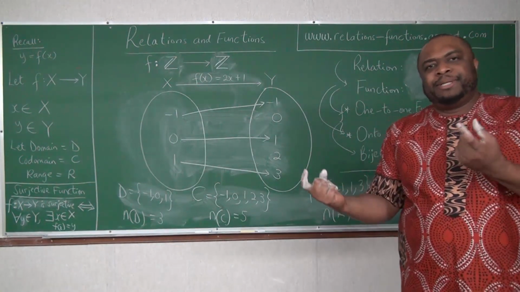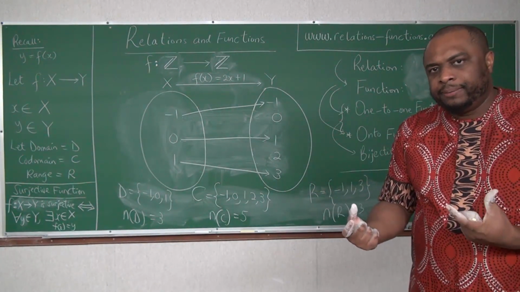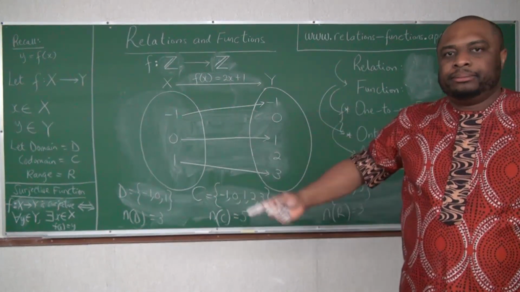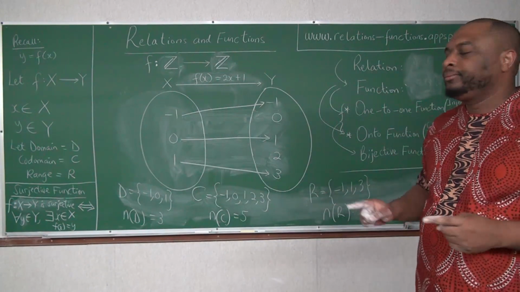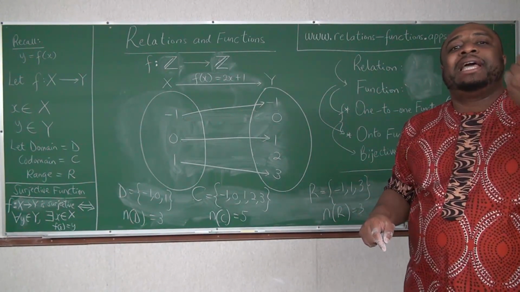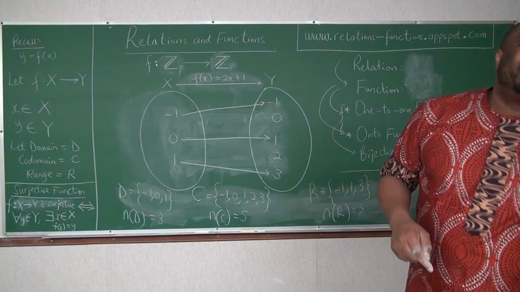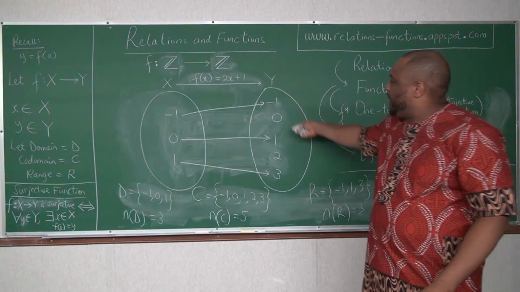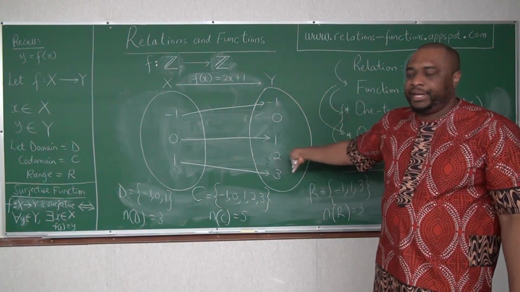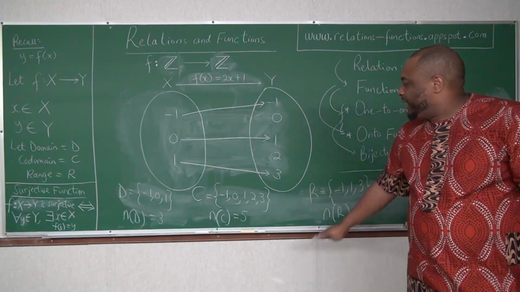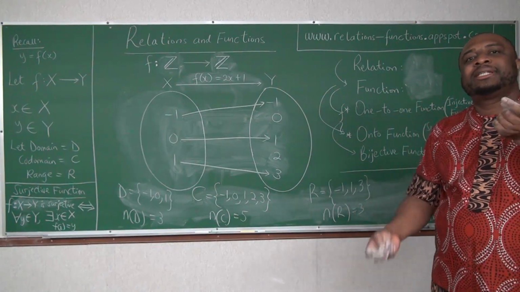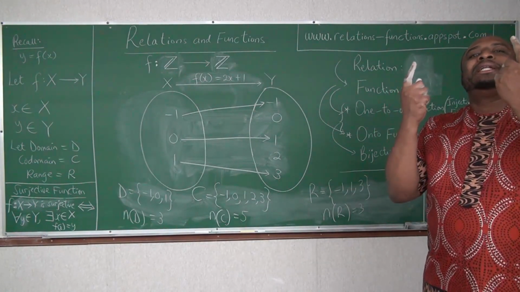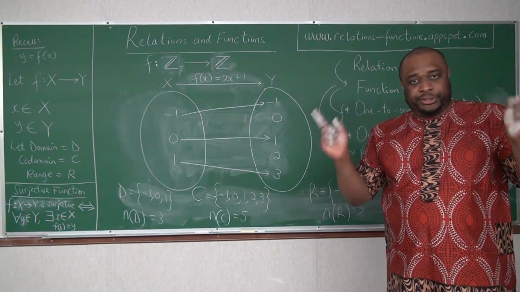Do you see the difference between the range and the codomain? The codomain is a set of all the outputs. But the range is a set of the outputs that are images of the input. The codomain is everybody here, folks. But the range is just those values of the outputs that are images of the inputs.